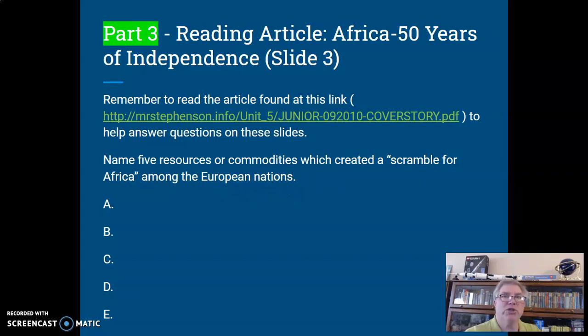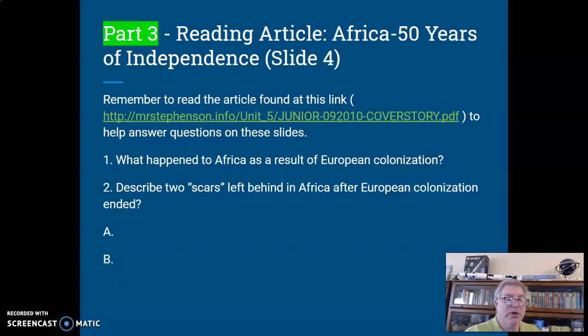Well, Africa was rich in resources, and there was a lot of money to be made in Africa. And that gets to that learning target where we're talking about the economy of Africa. So the resources, how did people make money out of Africa? That question is looking at that particular topic. And then, what happened to Africa as a result of European colonization?